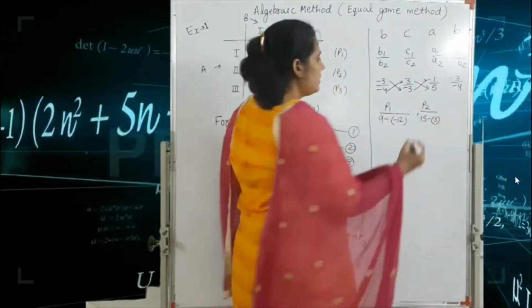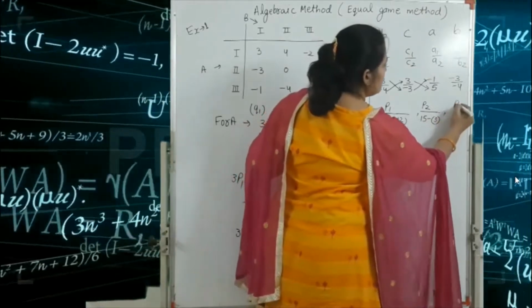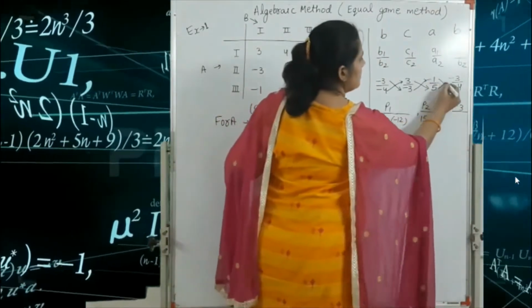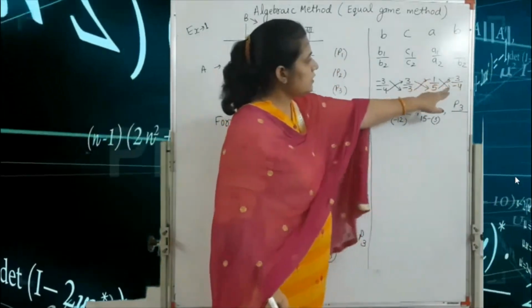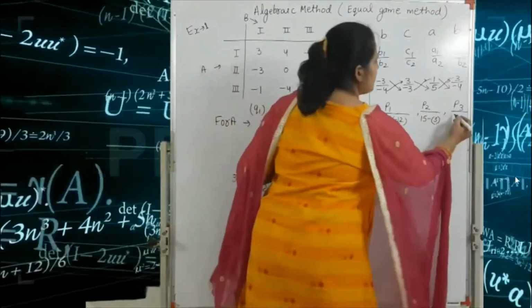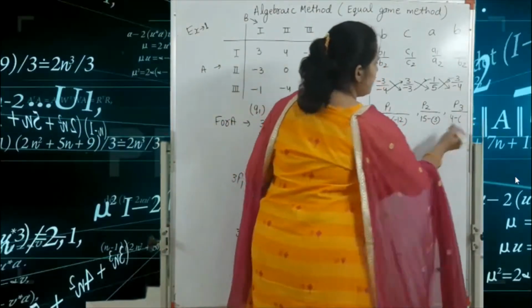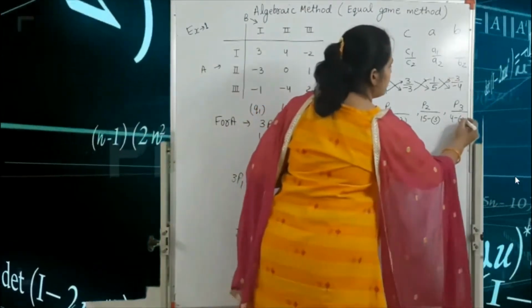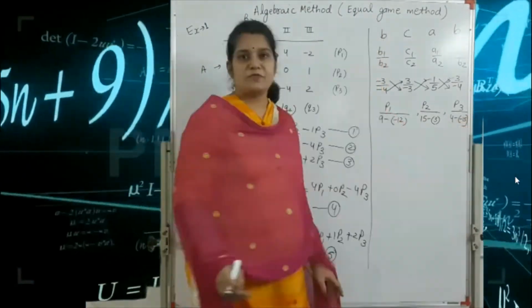Got it? Next one is the P3. So P3 divided by, that means here, minus 1 into minus 4, that means plus 4. Okay, so we write here plus 4, minus 5 into minus 3, that means minus 15.